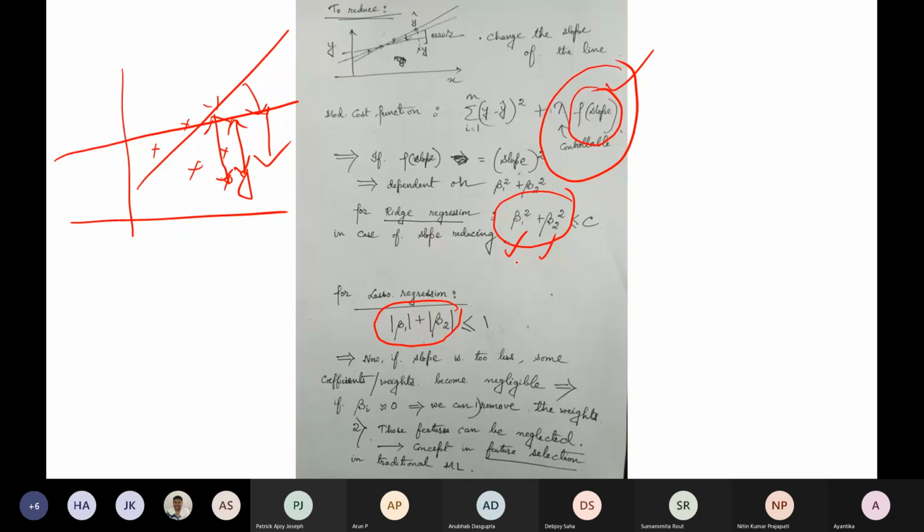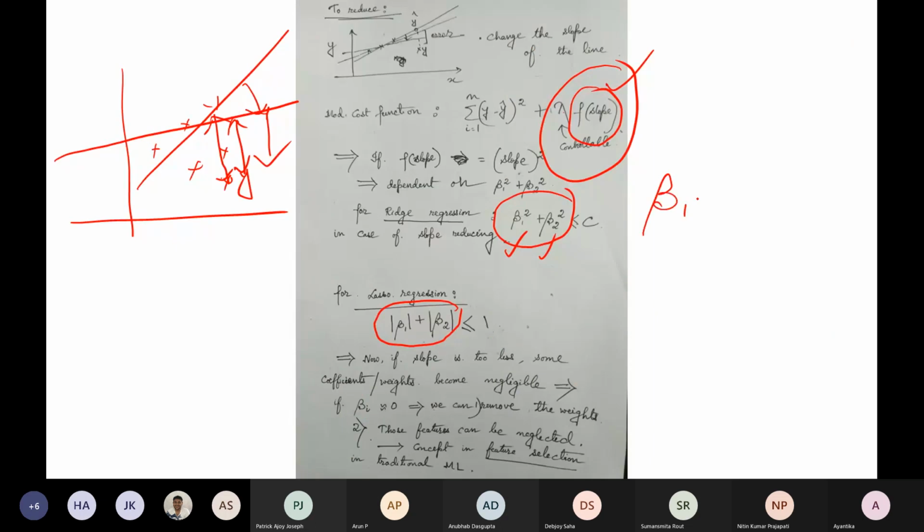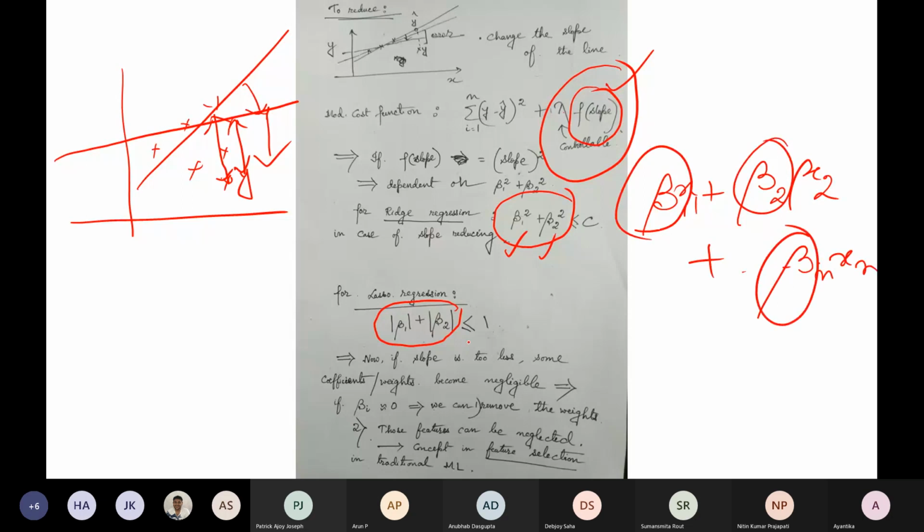And you are still checking the outcome, your value, and the accuracy, etc. In your multilinear scenario, you have multiple coefficients: beta 1 x1, beta 2 x2, and so on, up to beta n xn. You are considering their additive relation, and the whole thing is basically degrading.